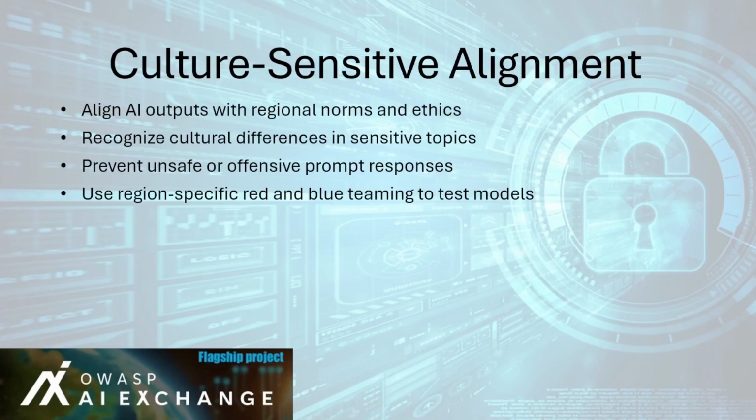Best practices are to incorporate regional datasets, perform localized testing, and use cultural review teams to evaluate outputs. Apply context-aware moderation for sensitive subjects. No single global alignment fits all. AI systems must be tuned to reflect cultural diversity while maintaining ethical integrity.